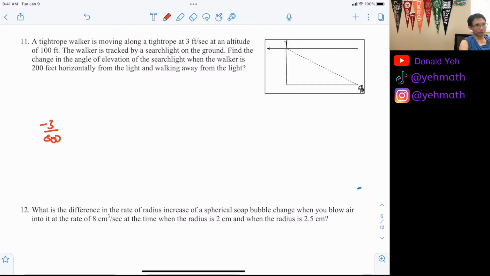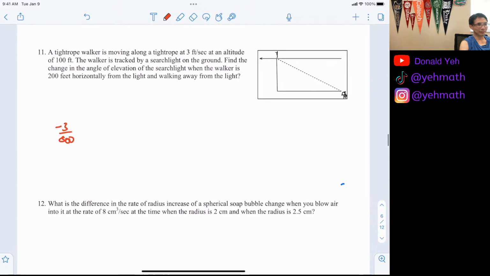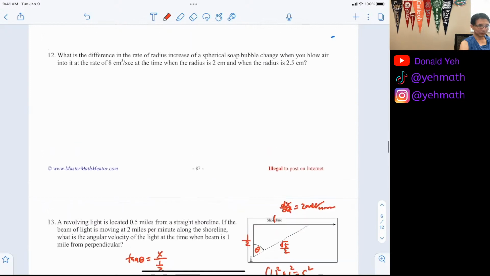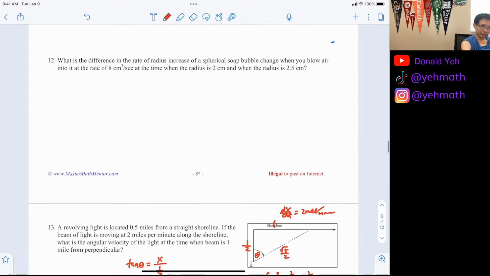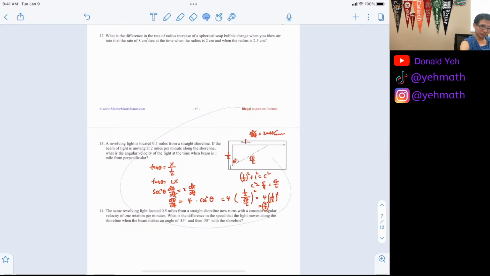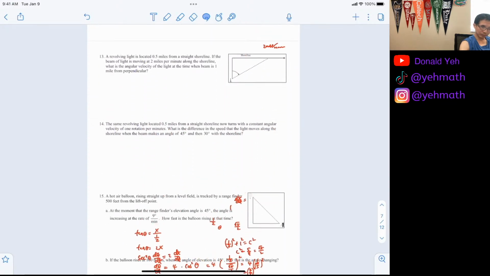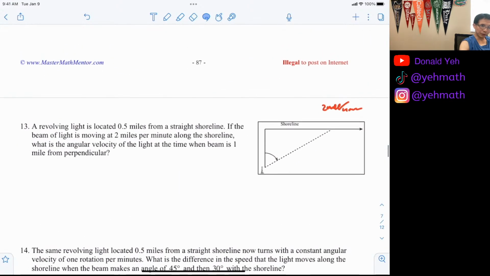It's a little confusing. Oh wait, you said negative 3 over 500? 93. I forgot, keep it all the same. Oh, I didn't realize you guys were wrong. Opposite over hypotenuse over adjacent. So if you got 93 over 500, I want you to try this question. This one is the second one, angle one.